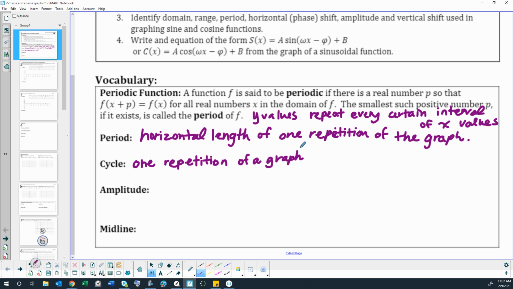Okay, no idea. All right, amplitude is half the distance from minimum to maximum y values.